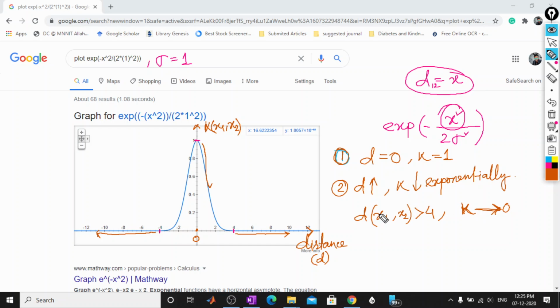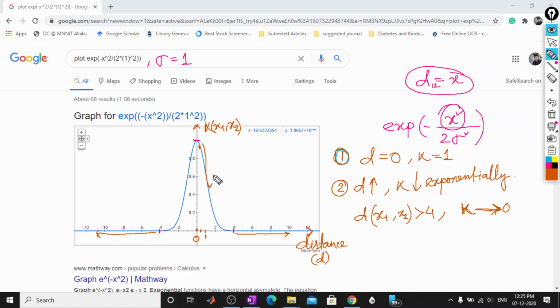Okay, and see, if this distance is 0.5, then our value will be like anywhere here.